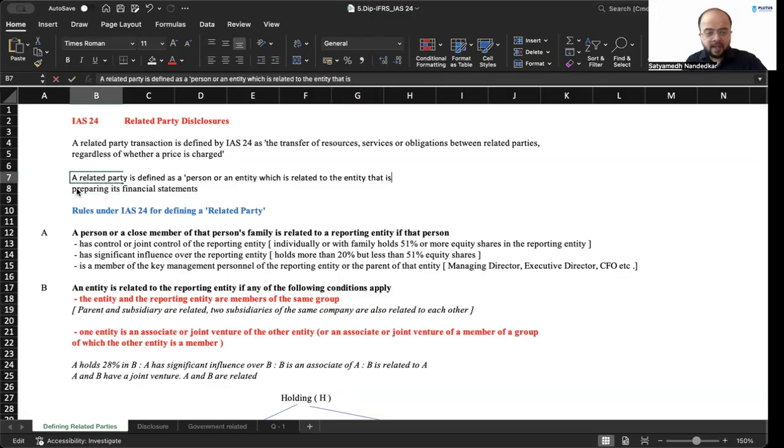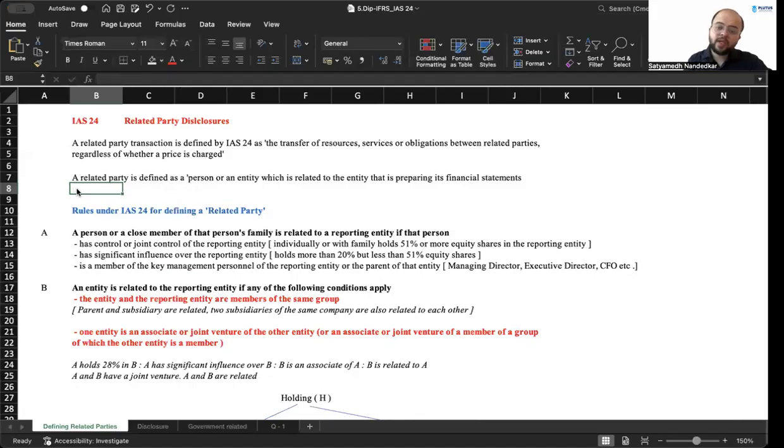A related party is defined as a person or an entity which is related to the entity that is preparing its financial statements. Now, you need to know there's an entire list of how a related party is defined. So we'll get into that. We have understood the requirement, first of all, to have disclosures relating to a related party transaction. Let us now understand which parties are covered.